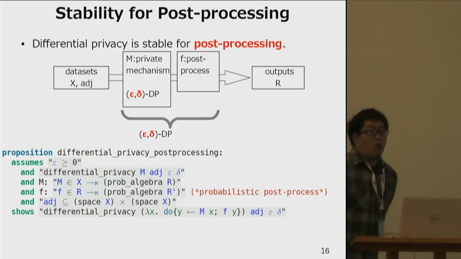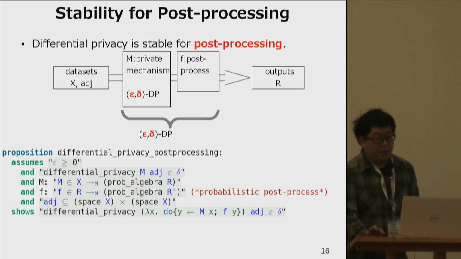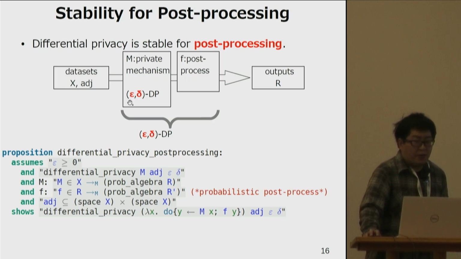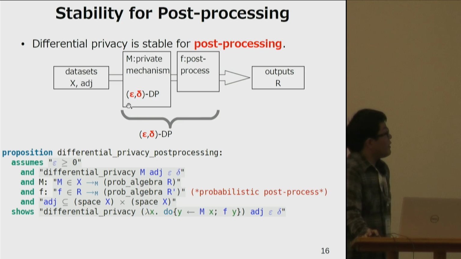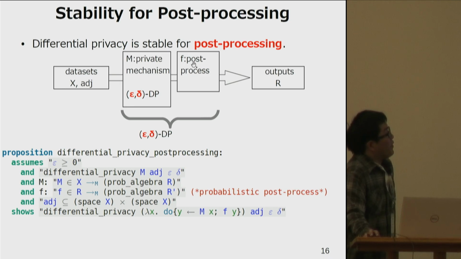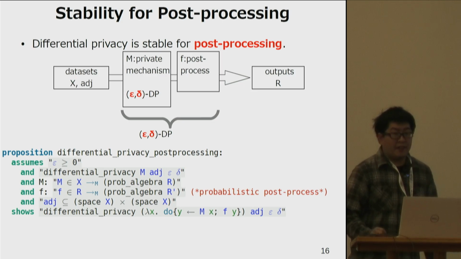Then we formalize several basic properties of differential privacy. First, differential privacy is stable under post-processing. Consider a mechanism M that is epsilon-delta differentially private. Then, for any post-process F, the composition of the private mechanism M and the post-process F is still epsilon-delta differentially private.